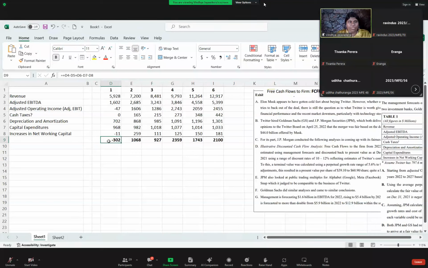The 2022 figure seems incorrect, but the calculation is the same, right?